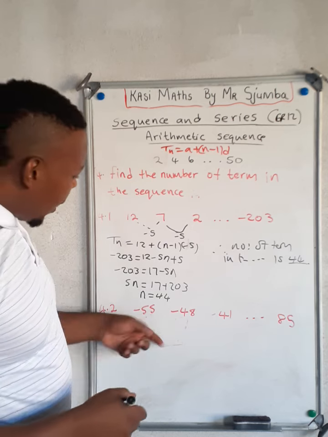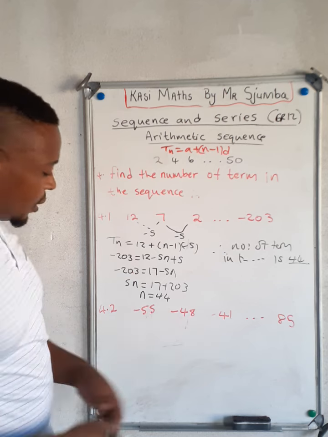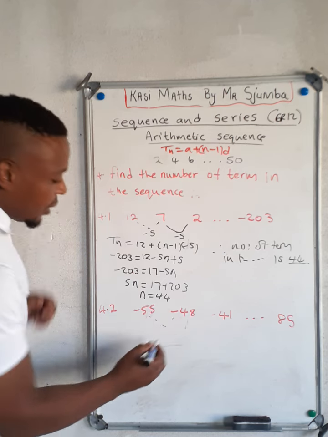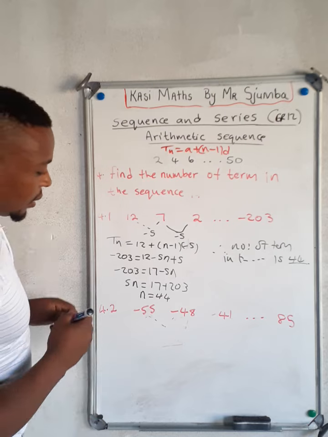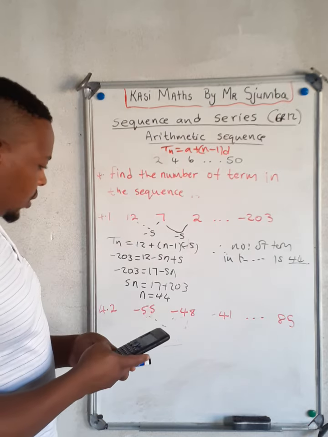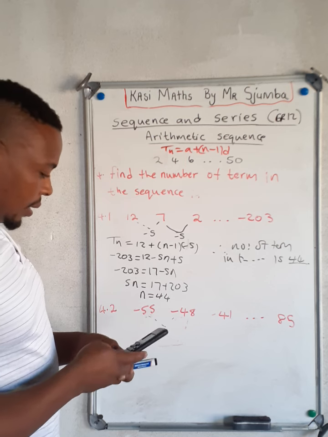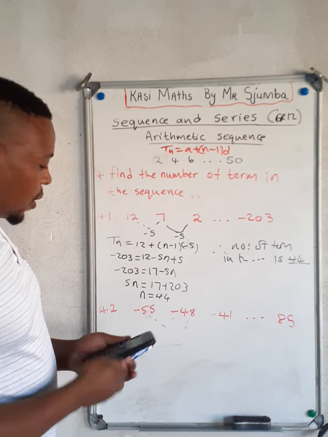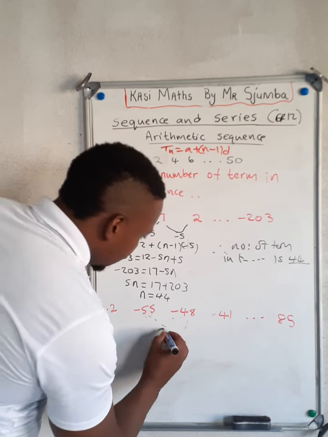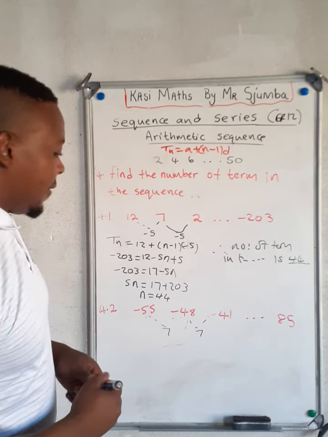So we want to find out how many terms are in the sequence. So first we must find what? The common difference. Let me use my calculator. So it's minus 48 minus minus 55, which is 7.